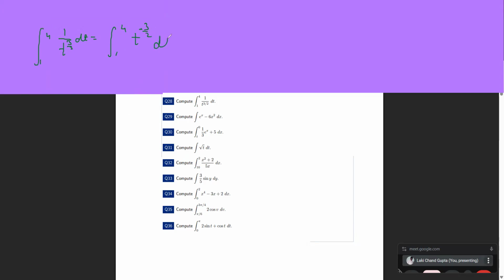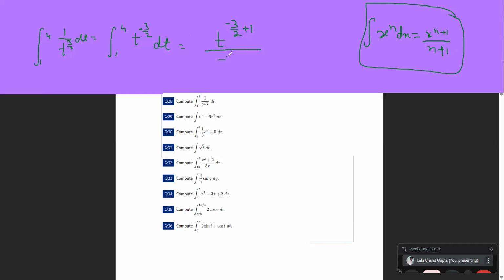Minus 3 over 2. Because from numerator to denominator it becomes minus. Yeah, that's right. Okay. And for differentiation, you have to use this formula, right? Yes. Just the general integration formula. Yes, general integration formula. And the limit goes from 1 to 4, right?